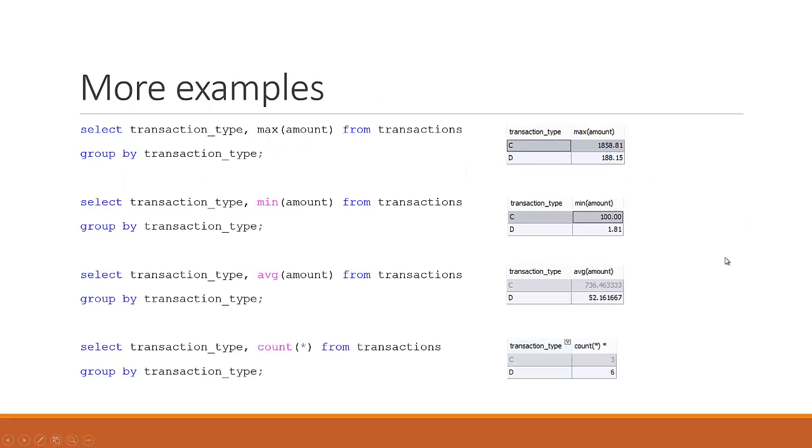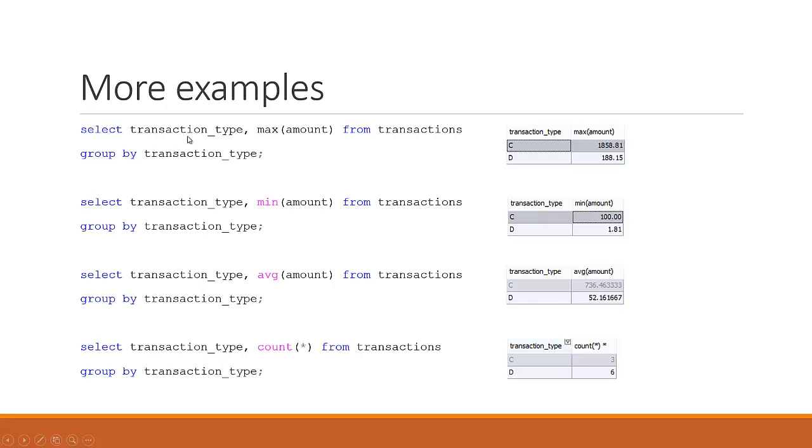Okay, so let's look at some more examples. These are examples that we're going to be looking at in tandem with the group by statement. Instead of saying select star, because saying select star when you group data obviously tends to lead to strange results, it's typically helpful to select the column that you're grouping by.